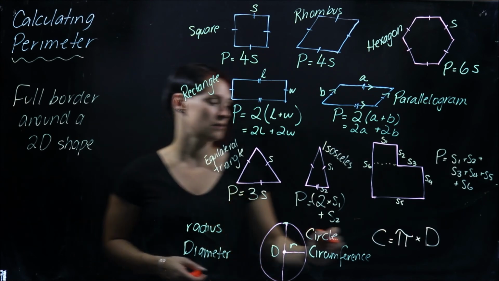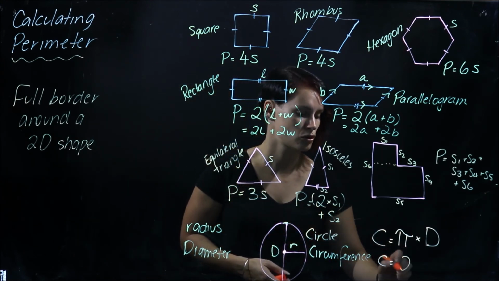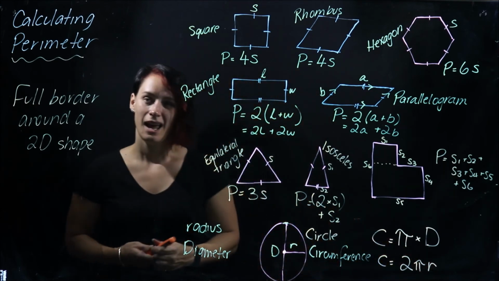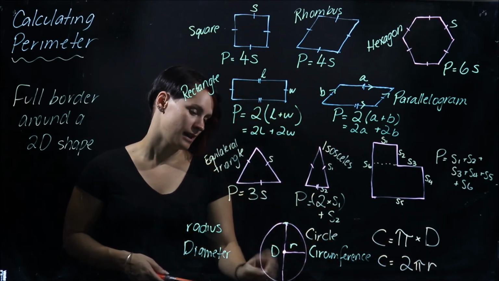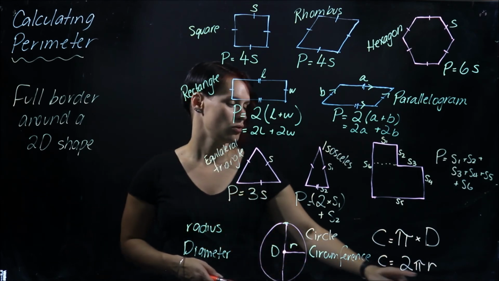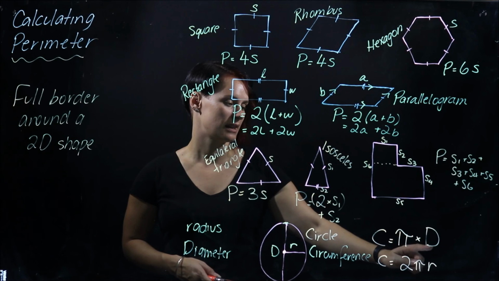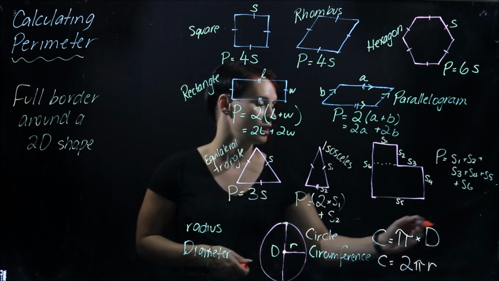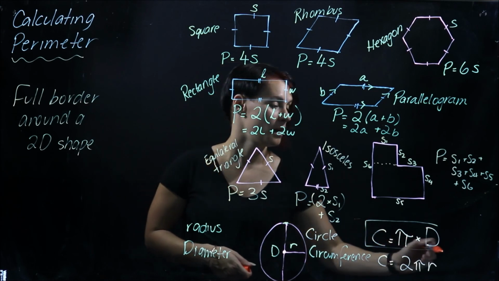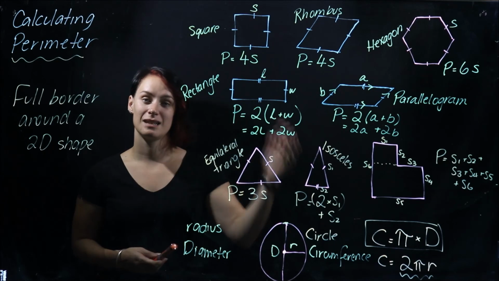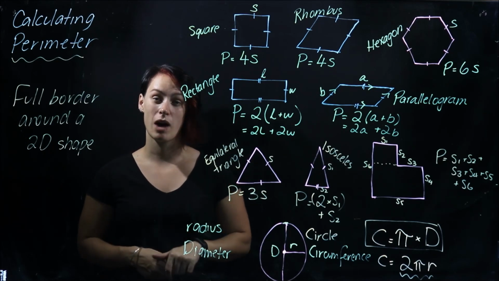You will also see it written circumference equals 2 times pi times the radius. That is because our diameter is 2 of these radii stuck together. So that's saying 2 of the radii equals our diameter, times by pi. It is the same thing. I would prefer that you use this one, mainly because our 2's and our r's are going to come into things a bit later in our area, and it's going to get quite confusing.